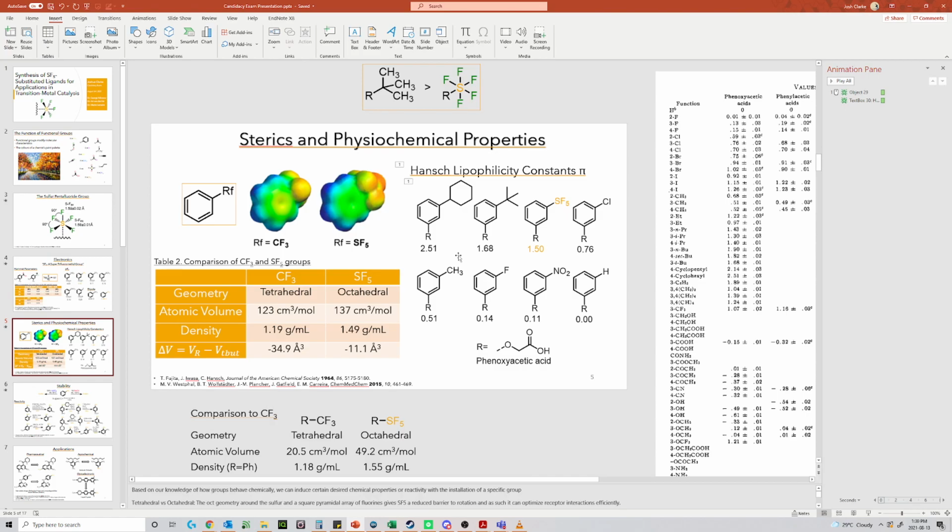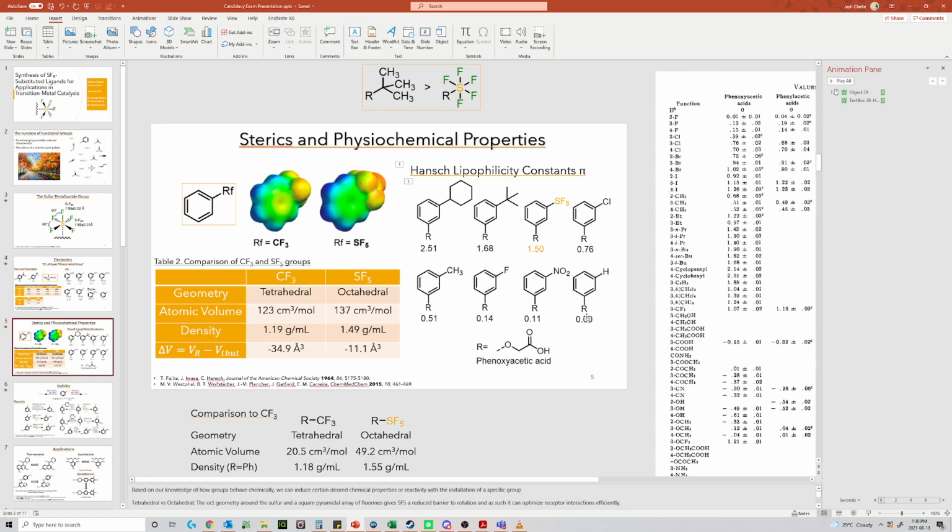And do you know how it can be measured? Yeah, the lipophilicity constant. So pi is essentially equal to the negative log of the equilibrium of the substituted phenoxyacetic acid relative to the equilibrium of just the regular phenoxyacetic acid.